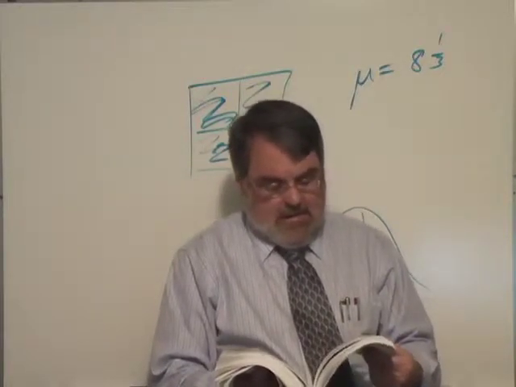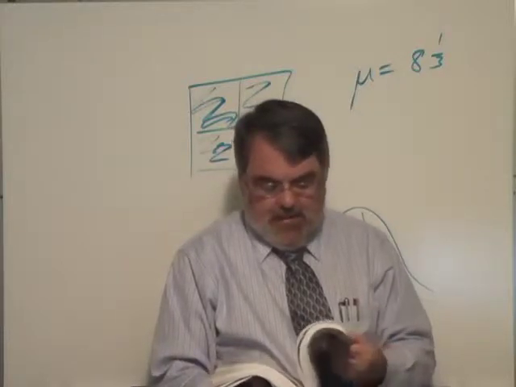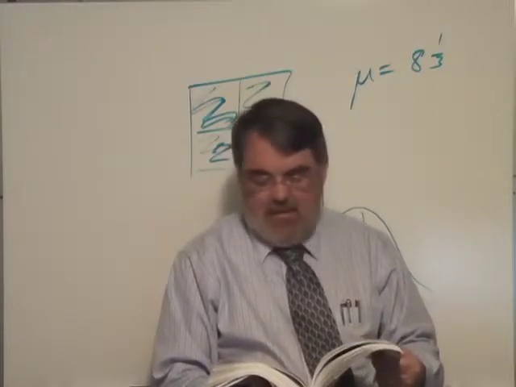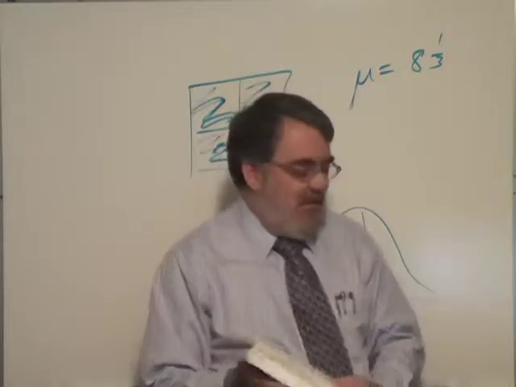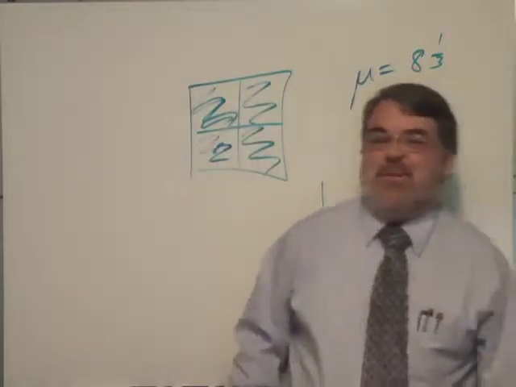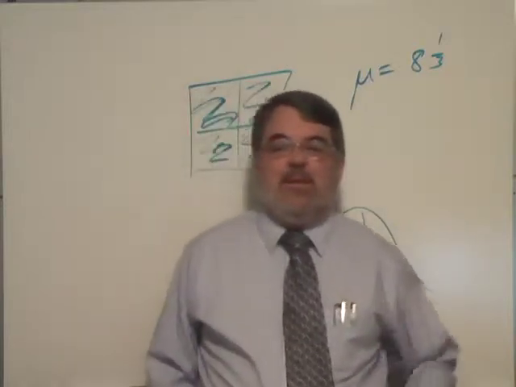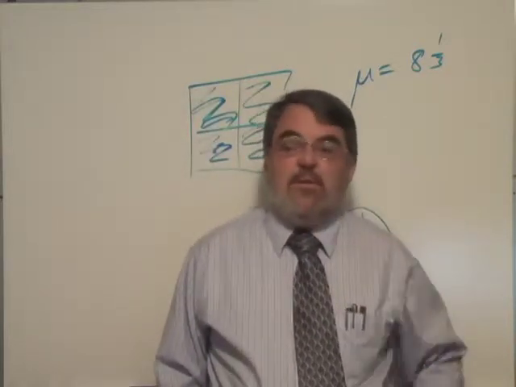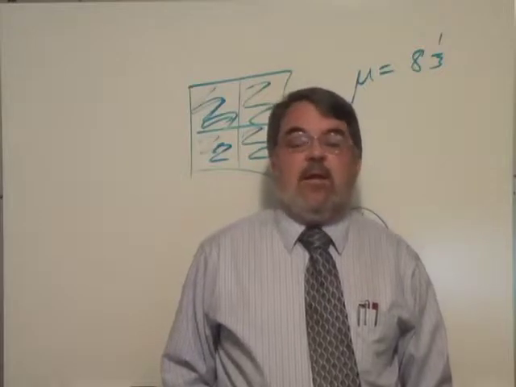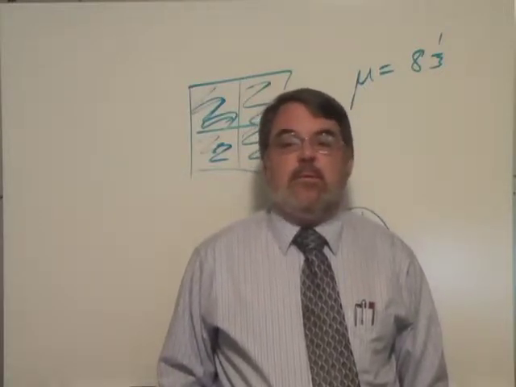Okay, there is a pretty neat story in here about the German tanks in World War II, and you can read about it in your book. I like it. During World War II, whenever we captured a German tank, we searched for its serial number.